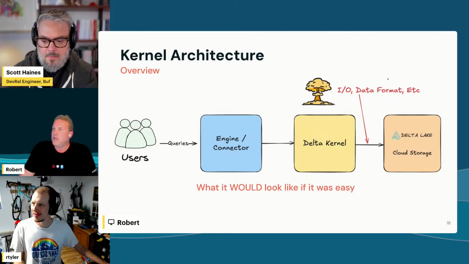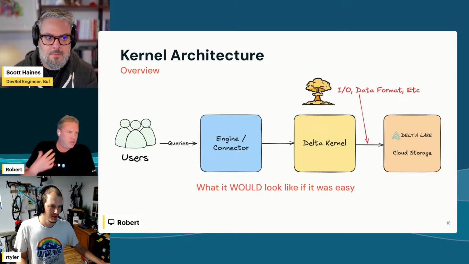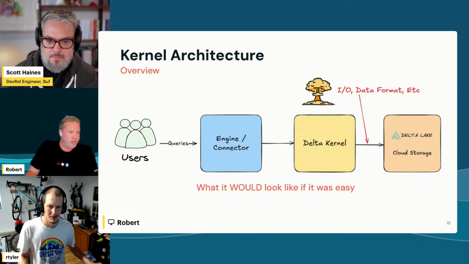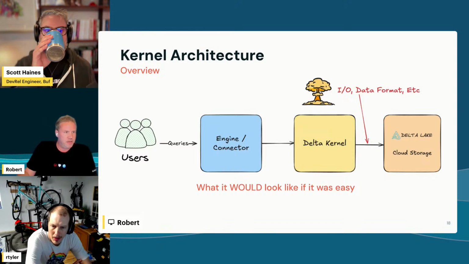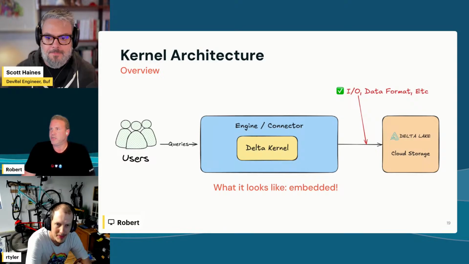This is where the engine wants to take back control and say, I'll do that, right? This pertains to credential management. This pertains to the representation of data in memory, all of this goodness.